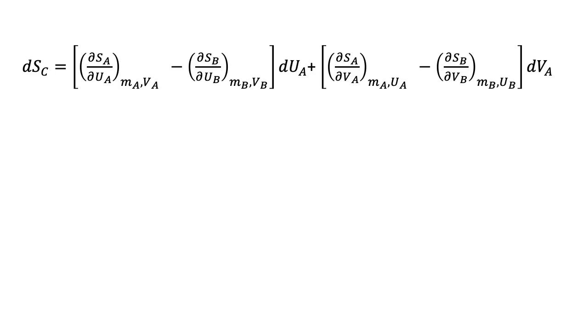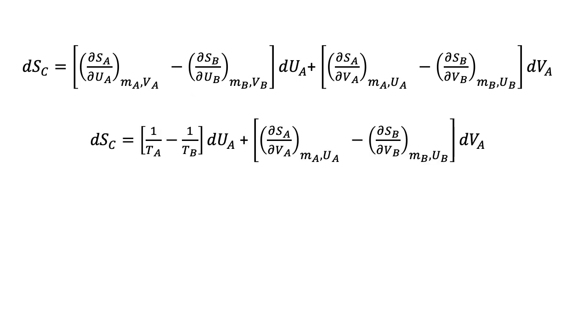Going back to our expression for dSC, we know that the partial derivative dSA by dUA equals 1 upon TA, dSB by dUB equals 1 upon TB. So let us substitute those expressions. dSC must equal 0 at equilibrium. dUA can have any arbitrary value.